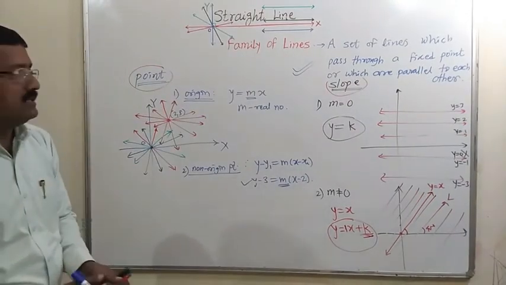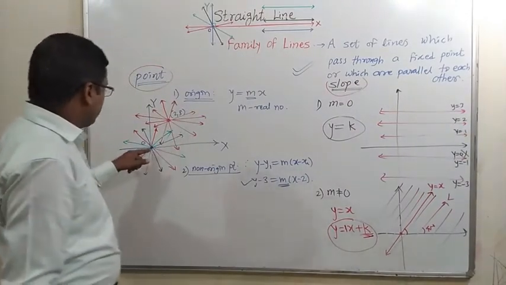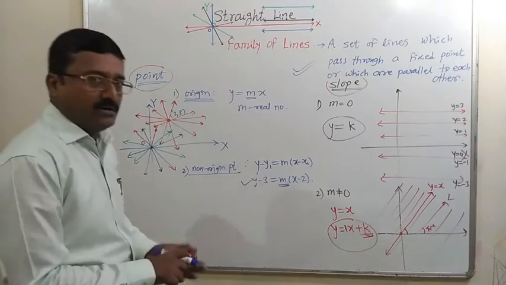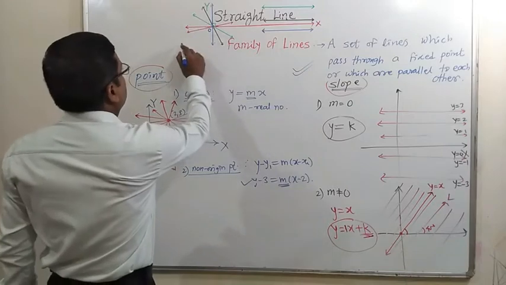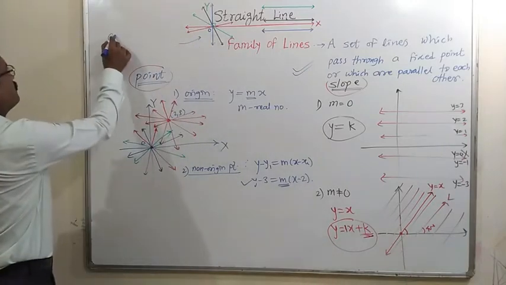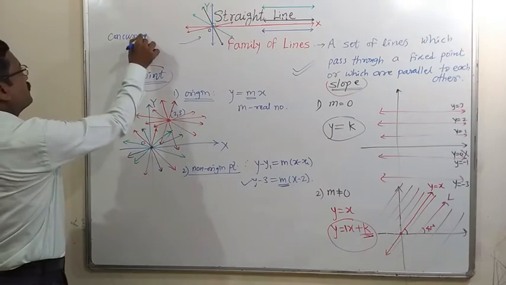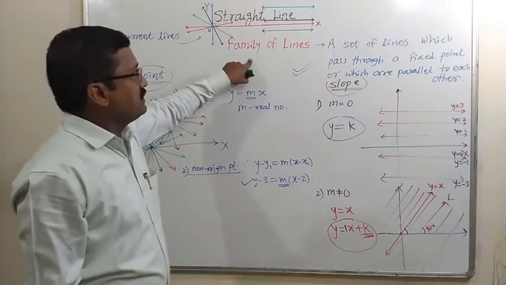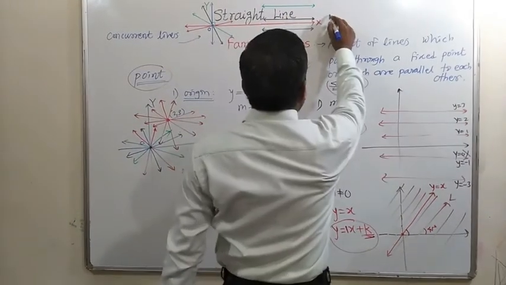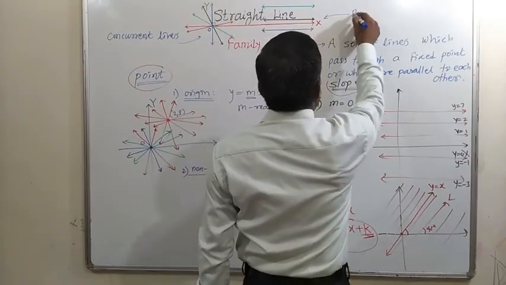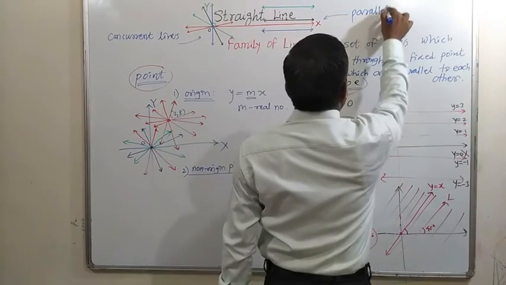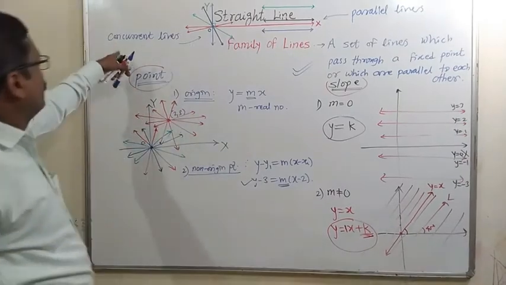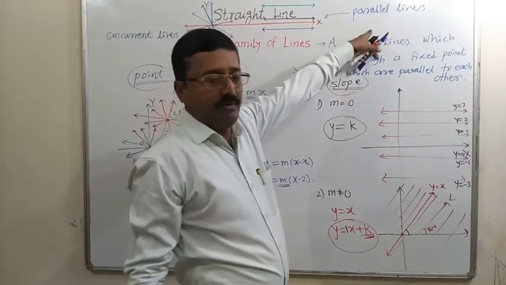We call the lines which pass through a single point concurrent lines. So there are two types of family of lines: one is concurrent lines and the second is parallel lines.